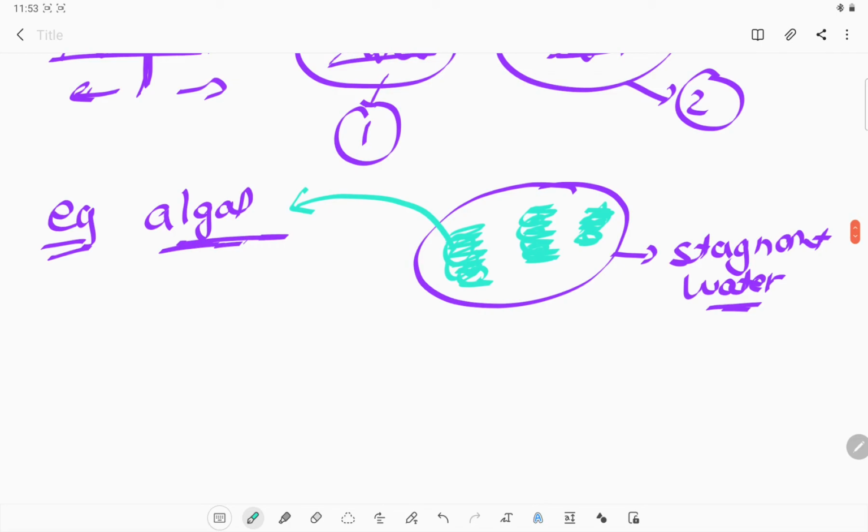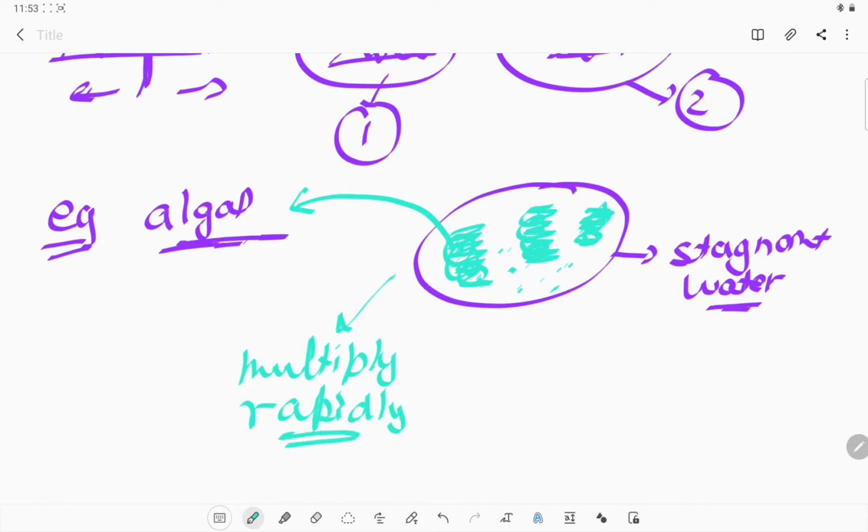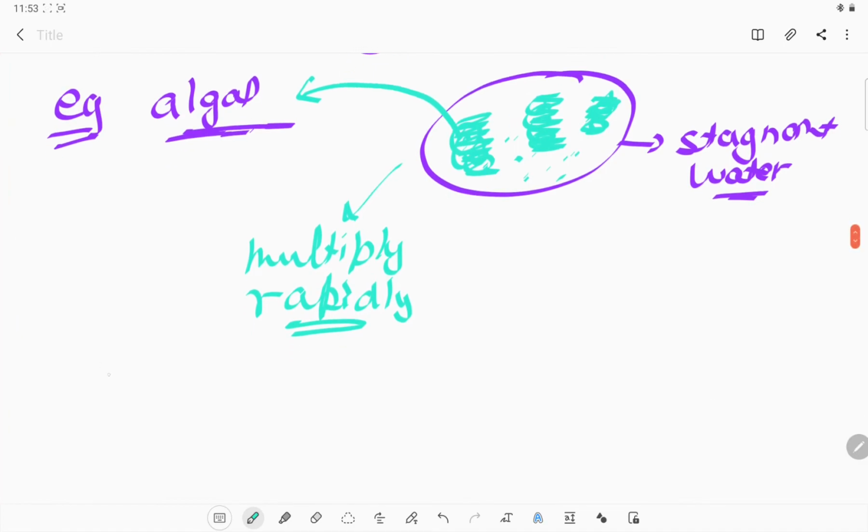Whatever nutrients are available in that water, they will grow and develop very rapidly, multiplying till they are getting all the nutrients from the water body. The main example is Spirogyra, which is a type of algae.